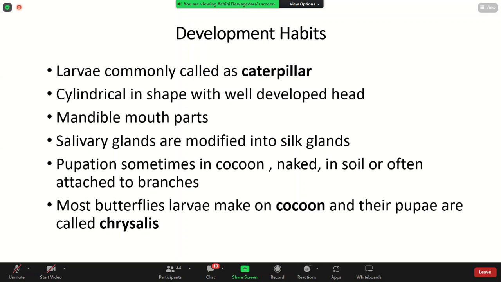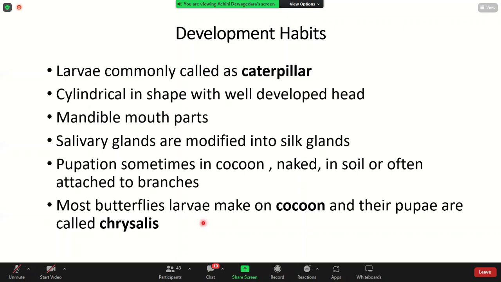They are cylindrical in shape, and they have a very well developed head with mandibulate mouthparts which are used for biting and chewing. Some have salivary glands which are modified into silk glands. They pupate inside a cocoon, in soil, maybe on leaves or branches.